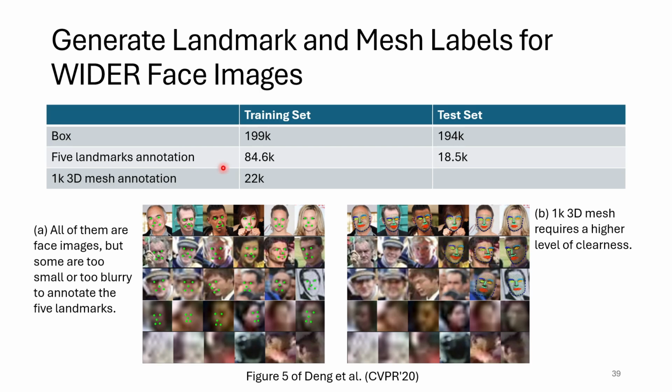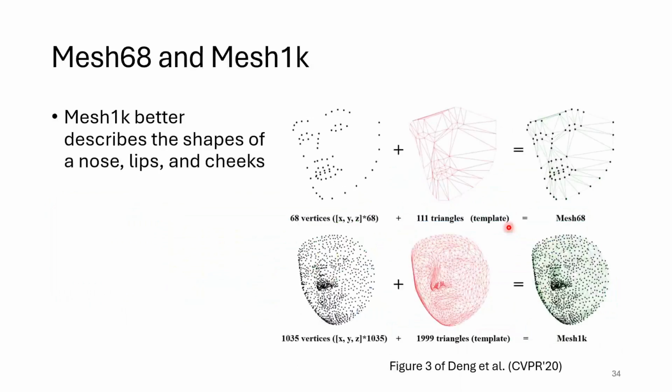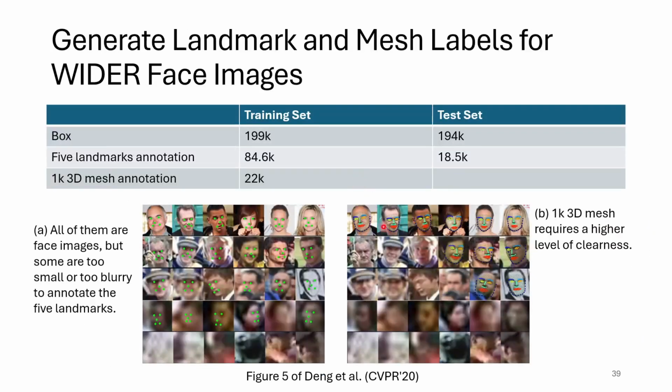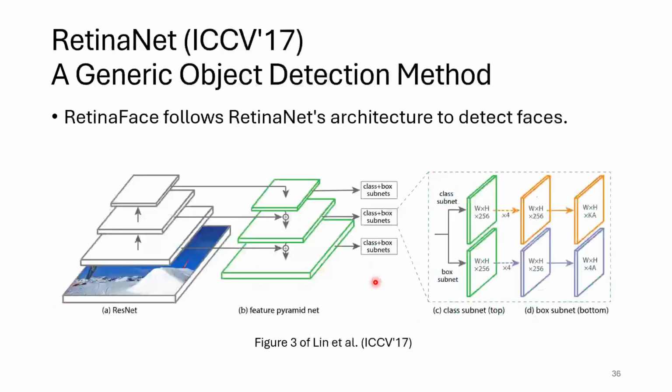And there are some existing methods to create the 3D meshes, so there are several types. First, those algorithms can create the 68 vertices, and they apply another method to convert the 68 points to generate the 135 meshes.